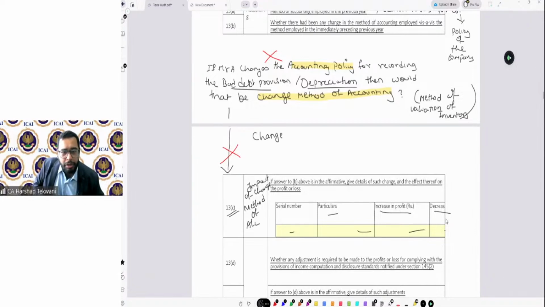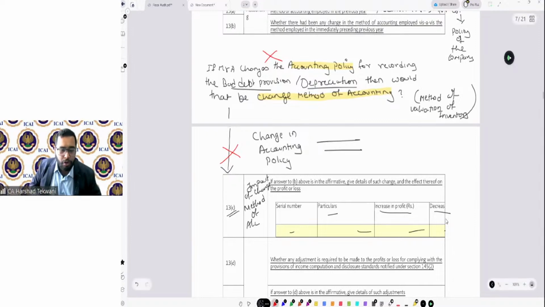Change in accounting policy is not equal to change in method of accounting, basically.